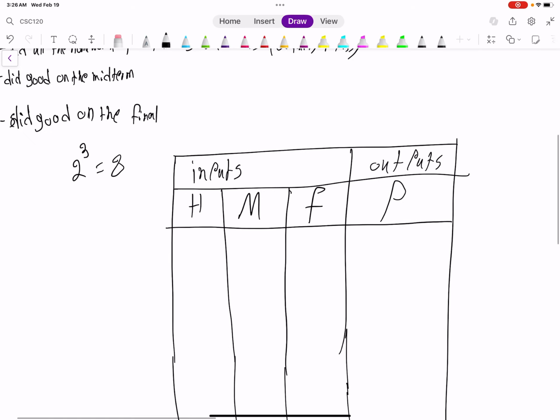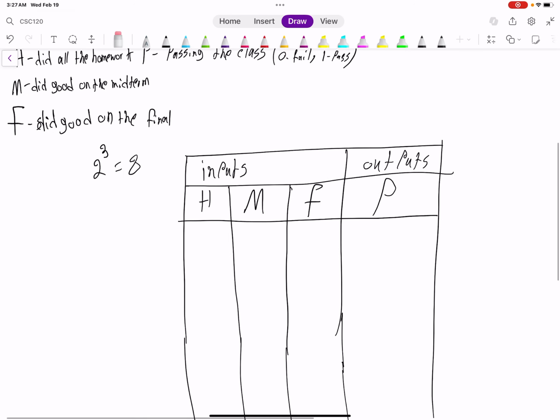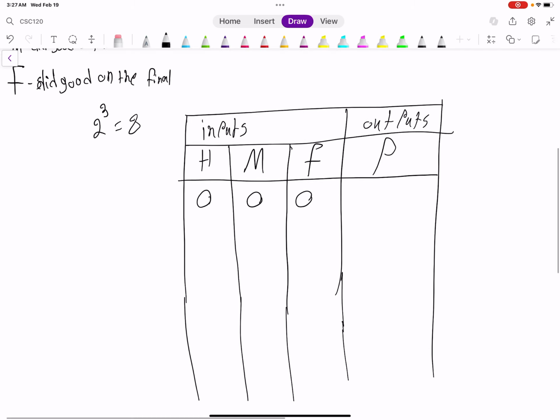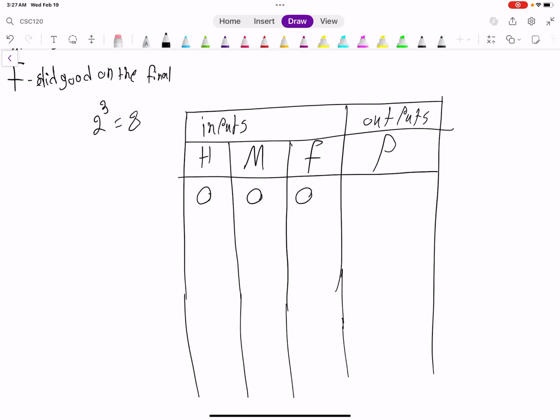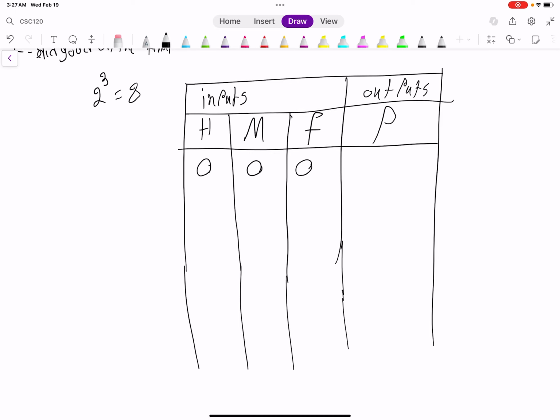So for the homework, basically we can start right here. Before we start with anything, we can start by counting these numbers from 0 to 8 in binary.